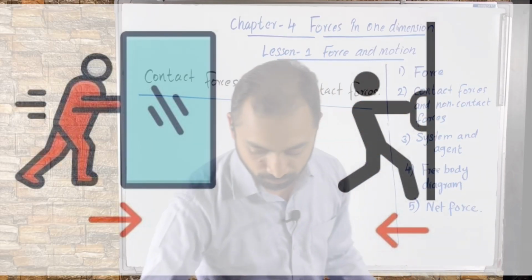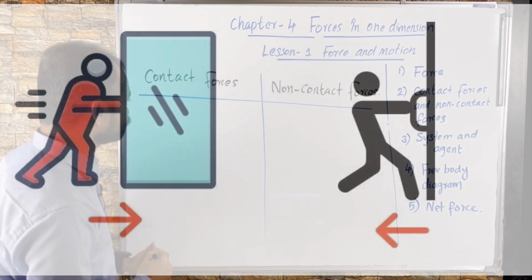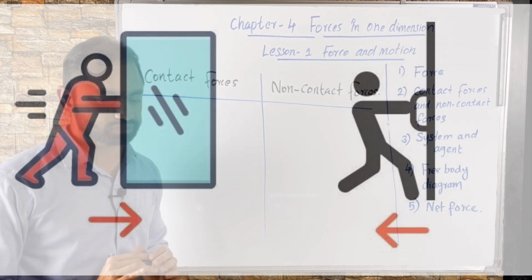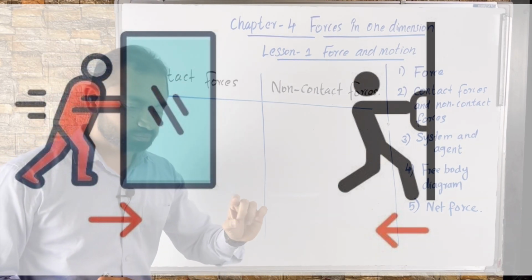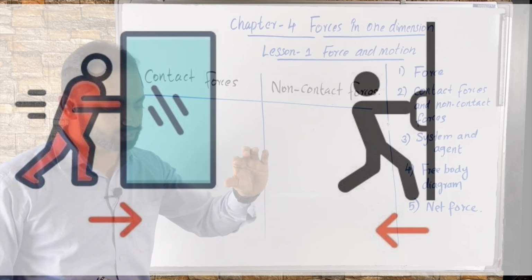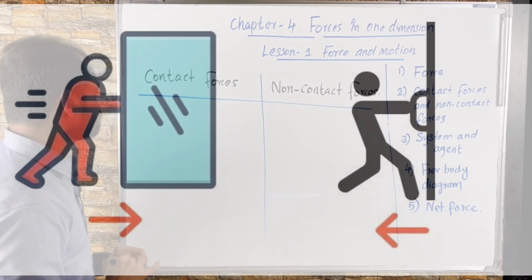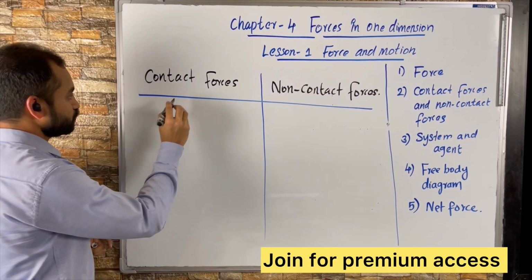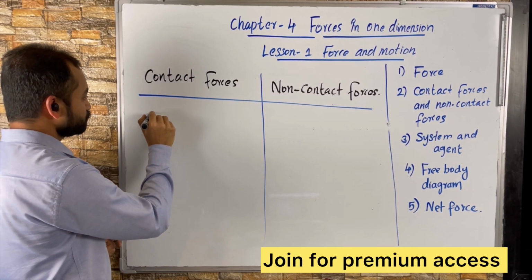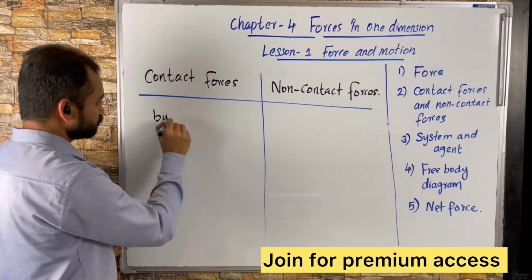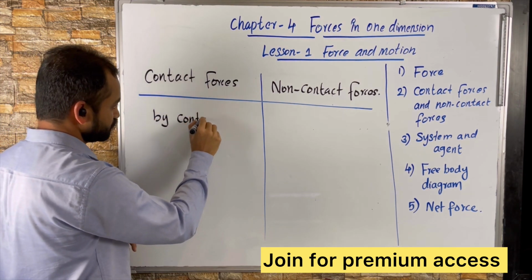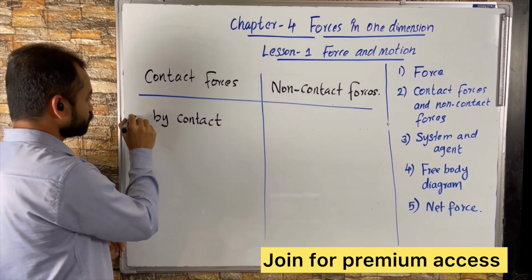So that type of force is called contact force. So to apply a contact force, there should be a touching, or we can say there should be a contact between the agent and the system. So contact force is applied by contact. So by contact I will write the force applied by contact.